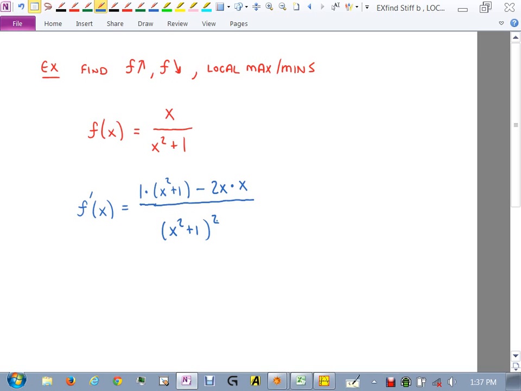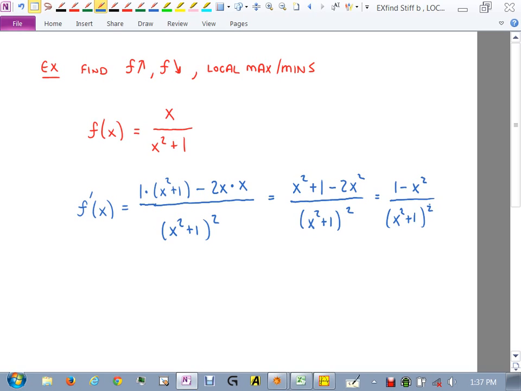Let's clean up the top. X squared plus 1 minus 2x squared, all over x squared plus 1 squared, which is just 1 minus x squared over x squared plus 1 squared. That looks pretty clean, doesn't it? You happy with that derivative?